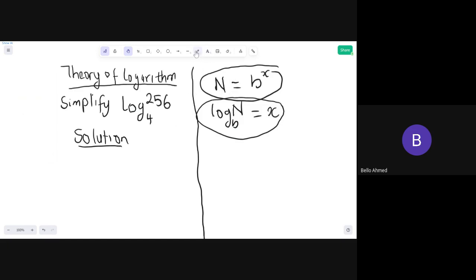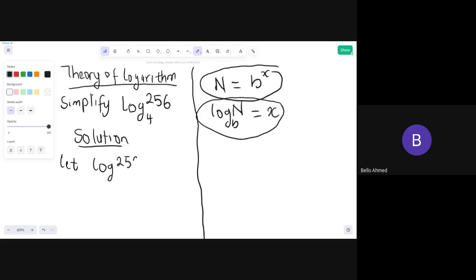So what I'm trying to say is that we are going to say, let logarithm of 256 base 4 equal x, because we know that we must have the answer, and this our answer is actually this x.